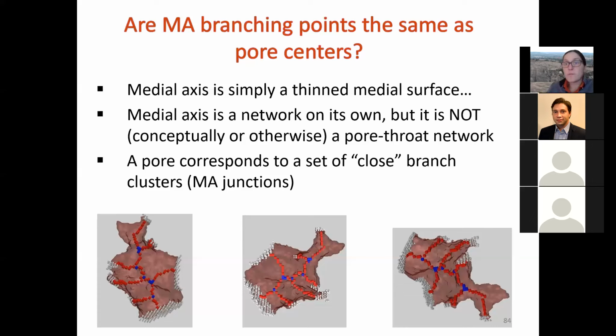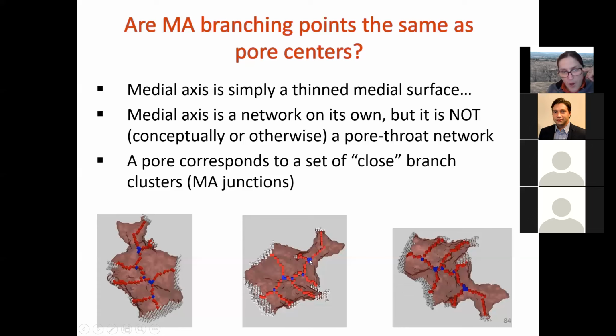How do I go about actually searching for a pore-throat network? Now, back to our discussion of medial axis paths. Here you can see one example. I rotated one pore along with its throat barriers. I made the throat barriers see-through, so they're not completely filling the space, just as a visualization exercise to make them dominate the visualization less.